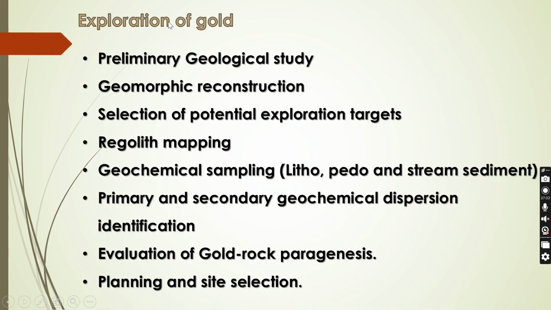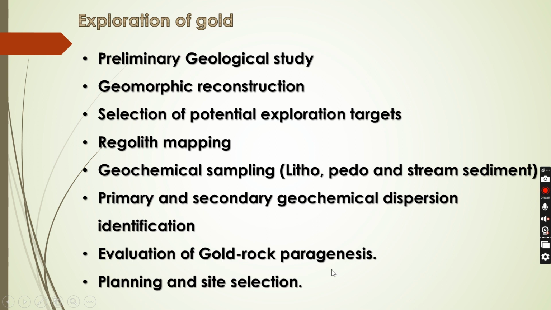Now, exploration of gold. In brief, what knowledge is required for exploration of gold? Preliminary knowledge of geological study, geomorphic reconstruction, selection of potential exploration targets, regolith mapping, geochemical sampling, including litho-pedo and stream sediments wherever necessary as per the objectives. Primary and secondary geochemical dispersion identification is very important, and depending upon that identification, detailed scale sampling is also required.